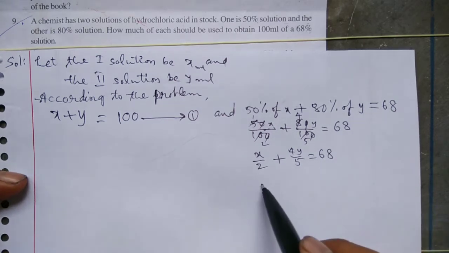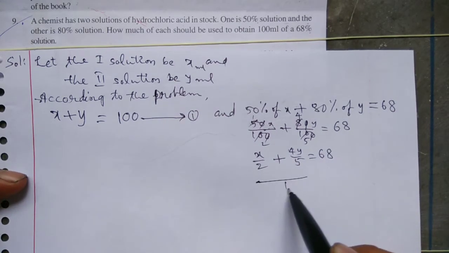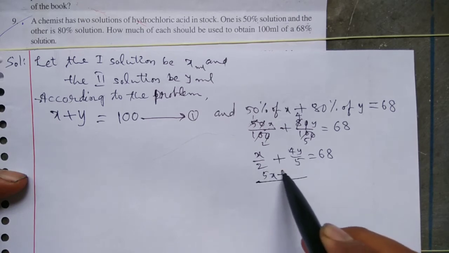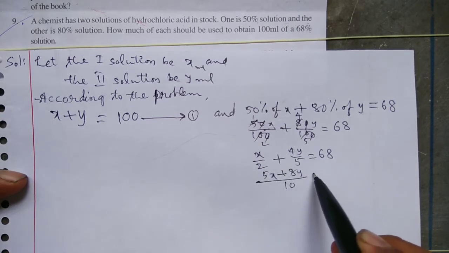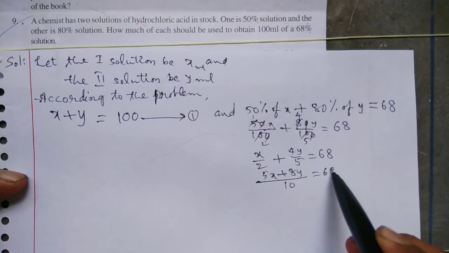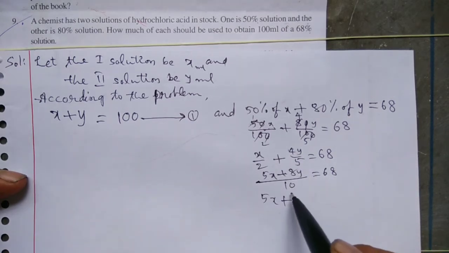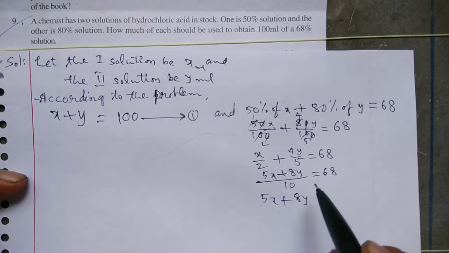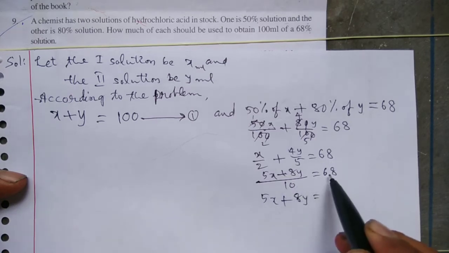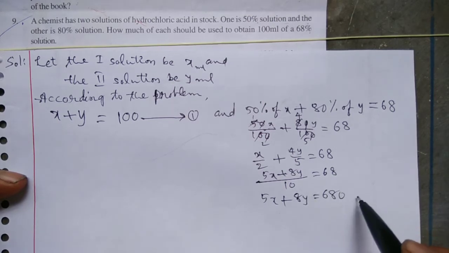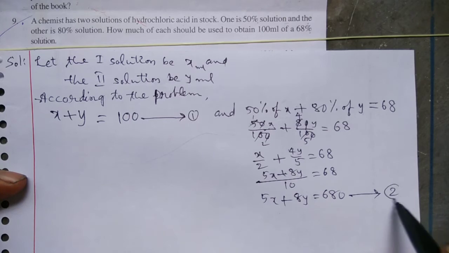Taking the LCM, 10: 5x plus 8y is equal to 68 into 10, which is 680. So this is the second equation.